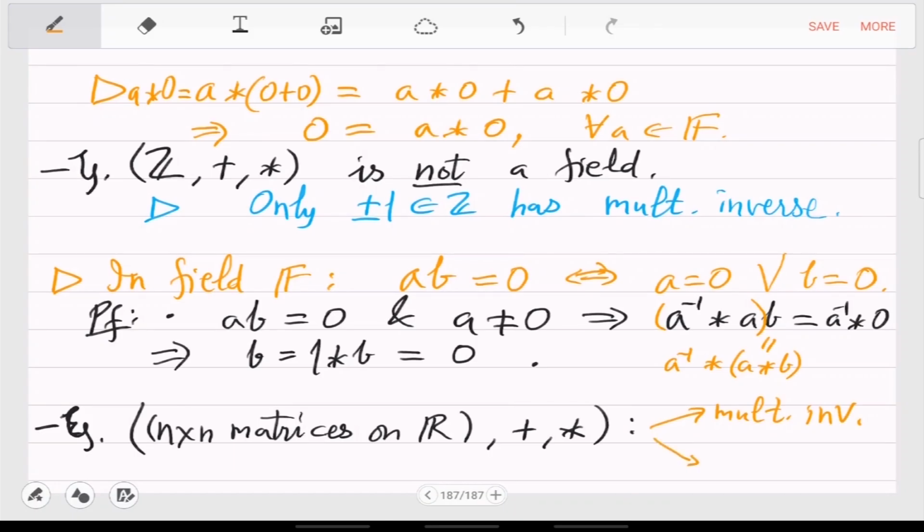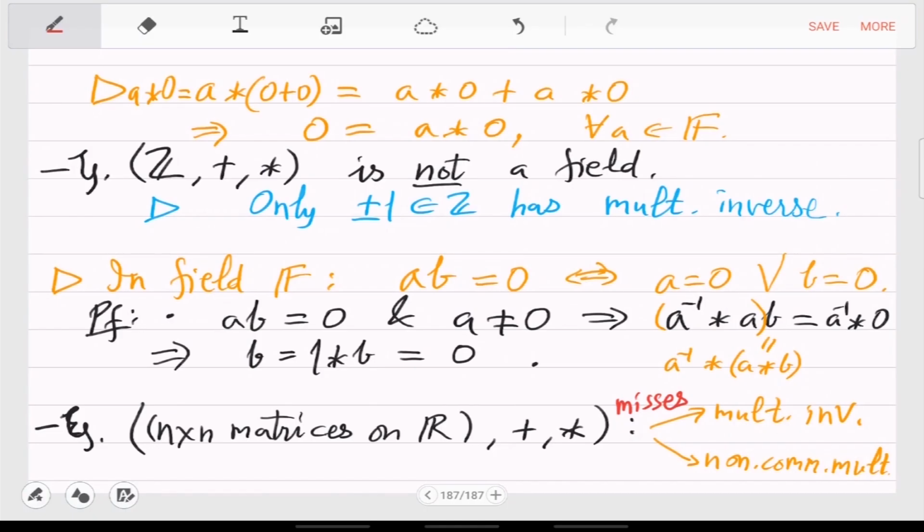And commutativity is missing. So it's non-commuting multiplication. Anything else? So everything else is there except these two axioms.